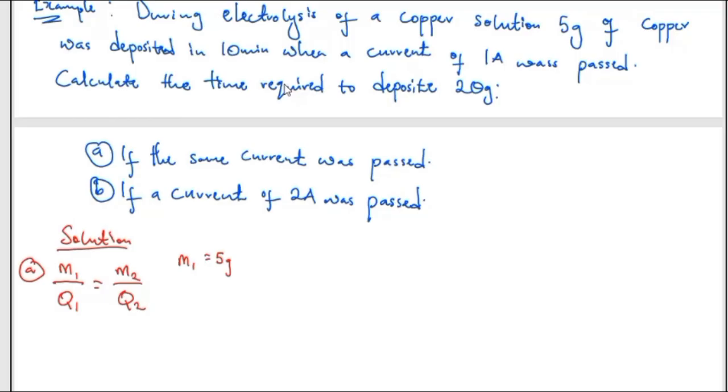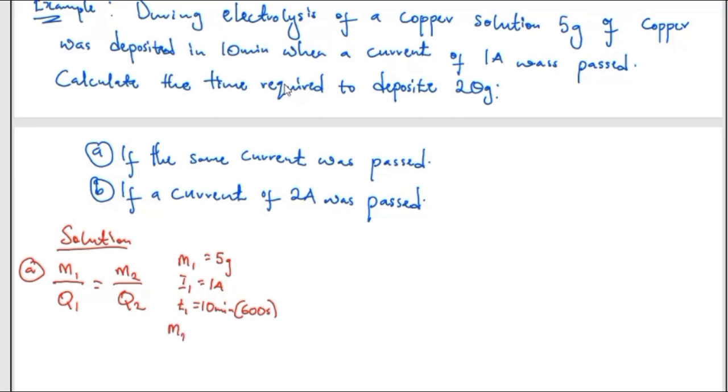It said 5 grams was deposited in 10 minutes when a current of 1 amp was passed. So we have our current I1 is equal to 1 amp. Then our time T1 is equal to 10 minutes. But remember that time is always in seconds, so you have to convert 10 minutes to seconds. Times 60, which is 600 seconds.